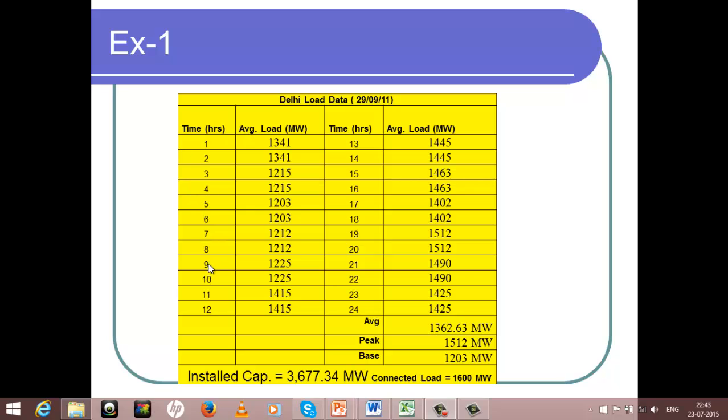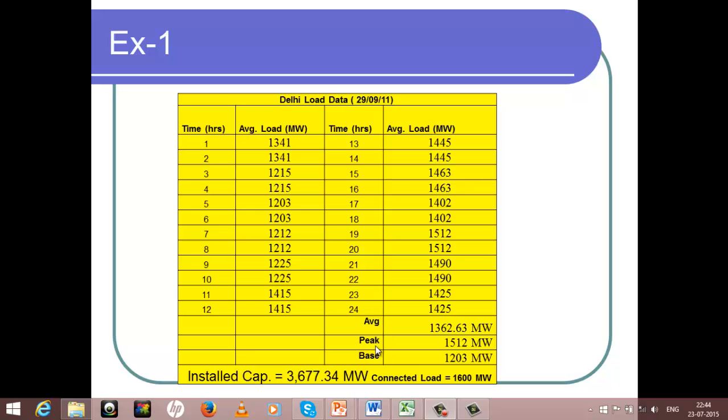And if you look at the 10th hour, the total amount of power consumed is 1225. Likewise, for all the 24 hours, the average load of that particular hour is taken, and we will consider it for further analysis.